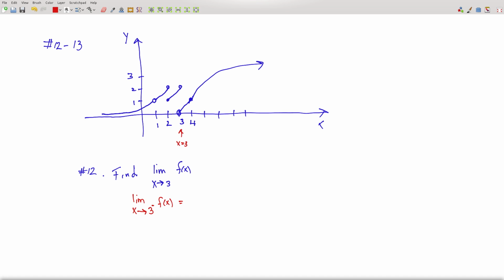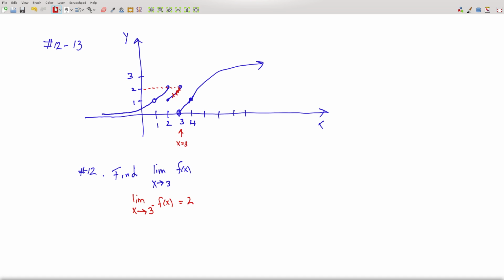Maybe this is at 2.5. The graph is right there, and at 2.9 the graph is right there, and it seems that the graph is getting closer and closer to 2 right there. So the limit as x approaches 3 from the left of f of x seems to be 2.